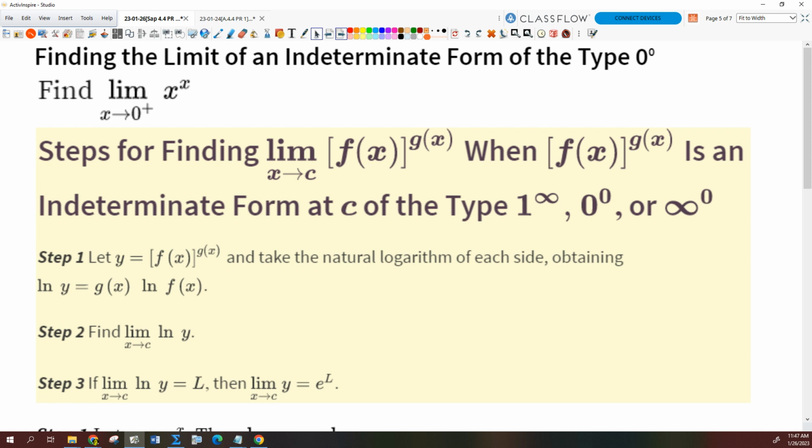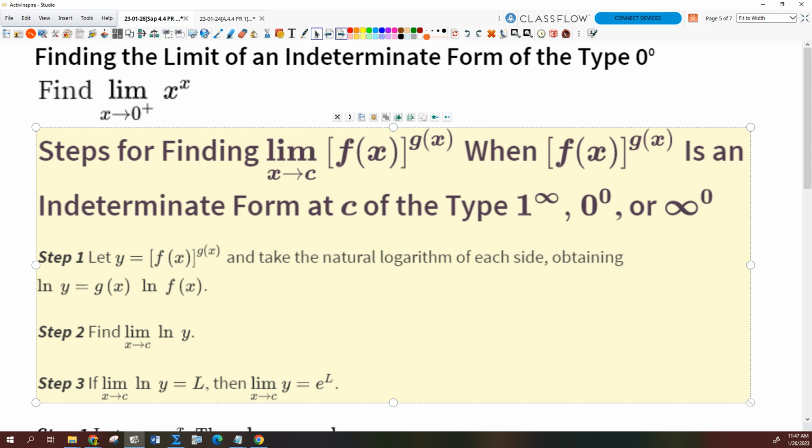1 to the infinity is indeterminate. Okay. Things that look like 1 to the infinity, because it's not really a 1, it's a value that's approaching 1, right? And the exponent is a value that's approaching infinity. So that could be something like 1.1 to the infinity, which would be infinite, right?